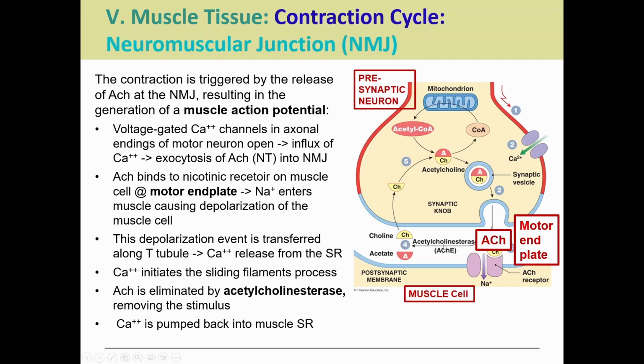This will continue, this depolarization, all that will continue until acetylcholine is broken down by the enzyme acetylcholinesterase, which breaks acetylcholine in half into choline and acetate, which then stops the stimulus, which then stops the depolarization of the muscle cell, which then allows the sarcoplasmic reticulum to pump calcium back into itself, removing the calcium from the sarcomere.